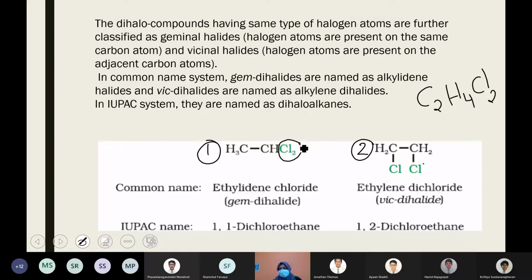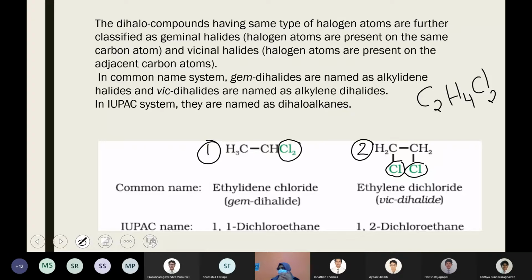So you can see one chlorine with one carbon atom and another chlorine on the next carbon atom. So even though they have the same molecular formula, the identities of the compounds are different. That means they are isomers. So they should be differentiated in naming.